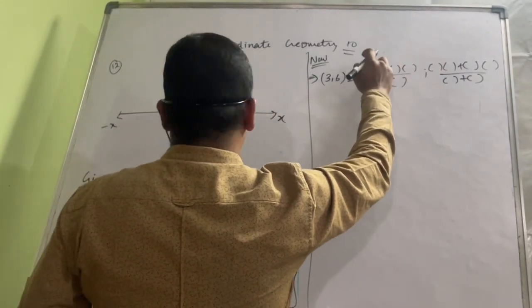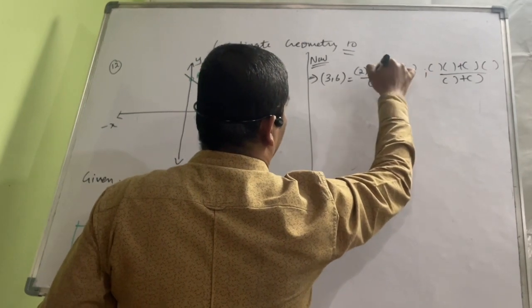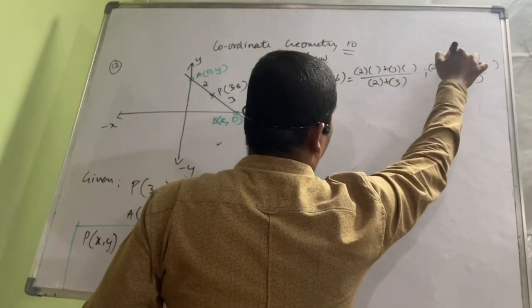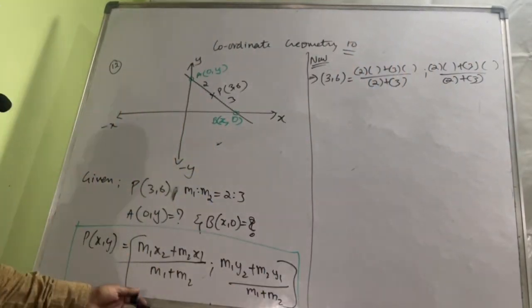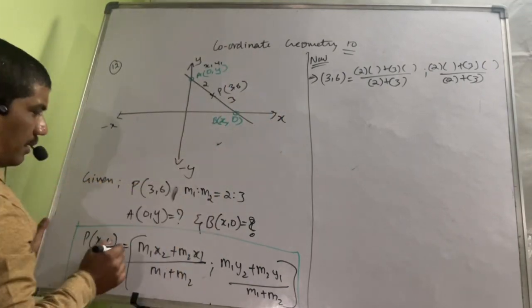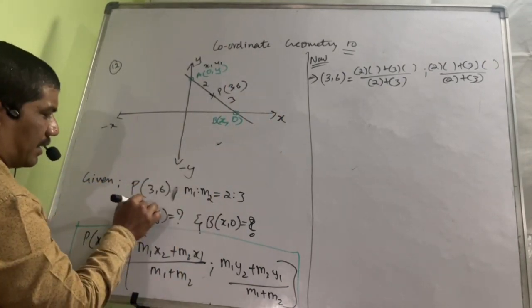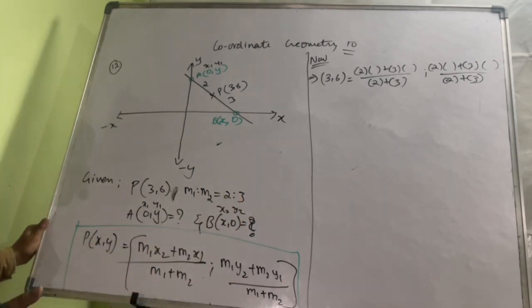M1 is 2, M2 is 3. See here everyone, A will take x1, y1, and B we will always take as x2, y2. AB means A will be x1, y1, B will be x2, y2.